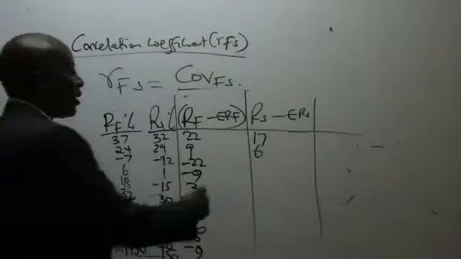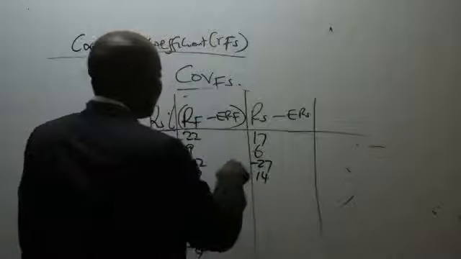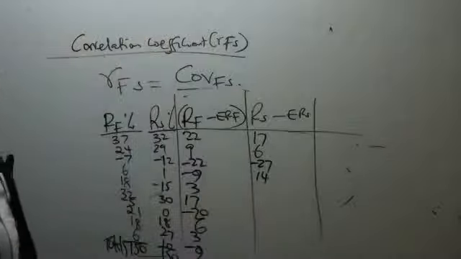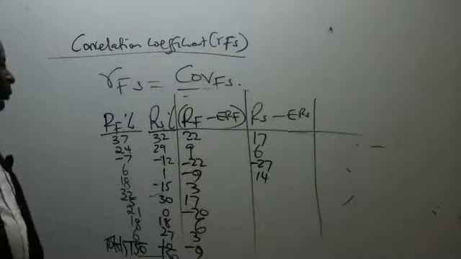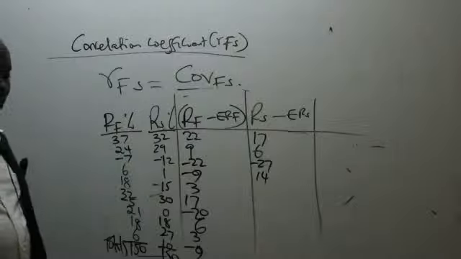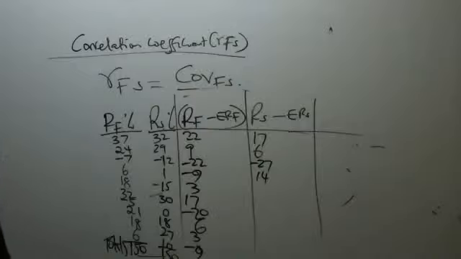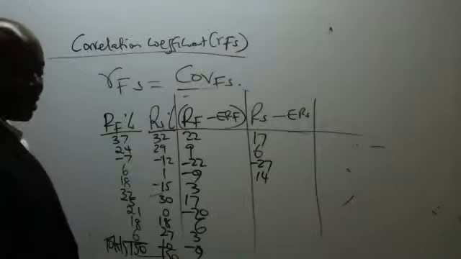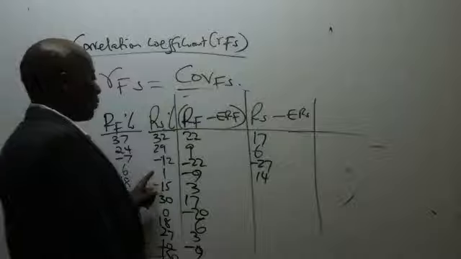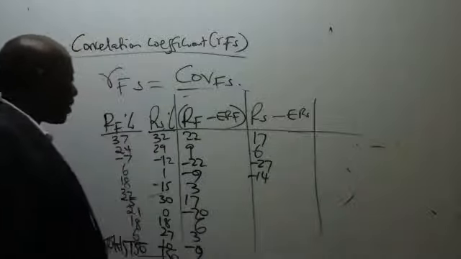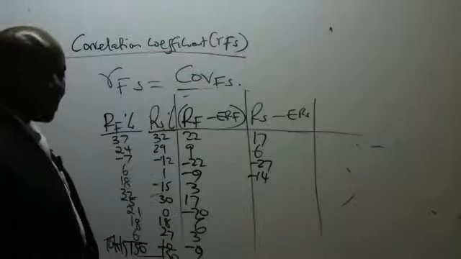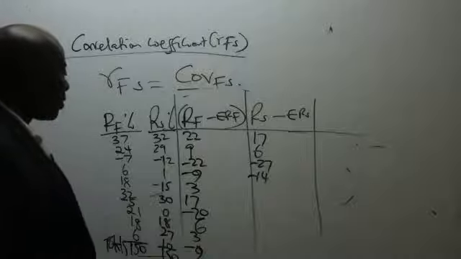Next one I'm being told is 14. Oh, it's supposed to be minus 14. And then now we have minus 15, giving us, nope, can't be 0.